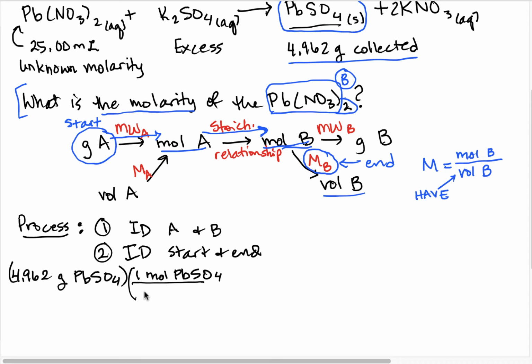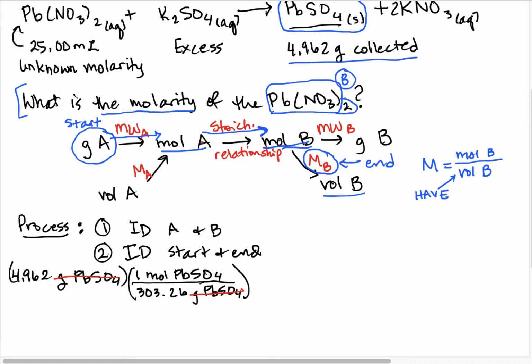I got 303.26 grams of lead sulfate. And we know that our molecular weight says 303.26 grams is how many grams of lead sulfate are in 1 mole. So I've set up my units to cancel out the lead sulfate, and that leaves me with moles of lead sulfate, which means I'm right here.